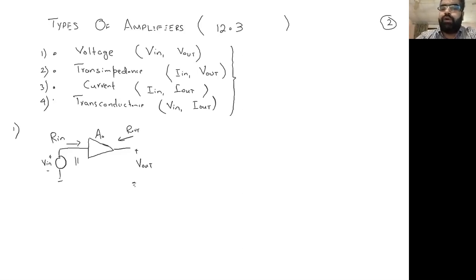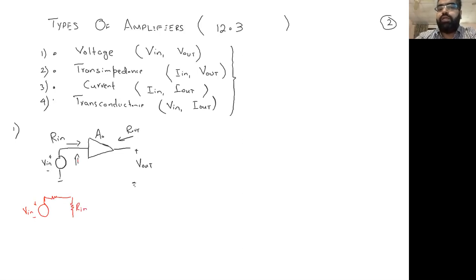Ideally of this amplifier, we have all the time seen that if the input impedance is, for example, less, not a very big quantity, some voltage is going to be dropped, right? So this is a source V in. It will drop across this area, and this is the input impedance which is seen here, R in.